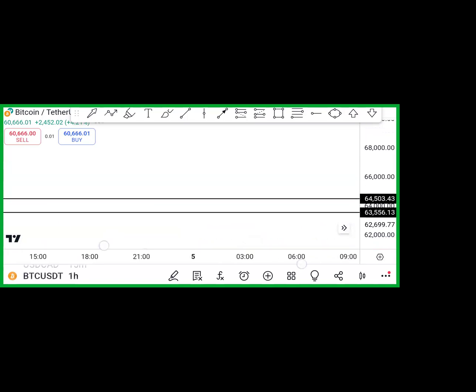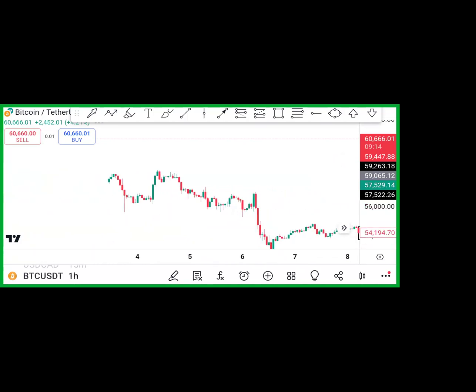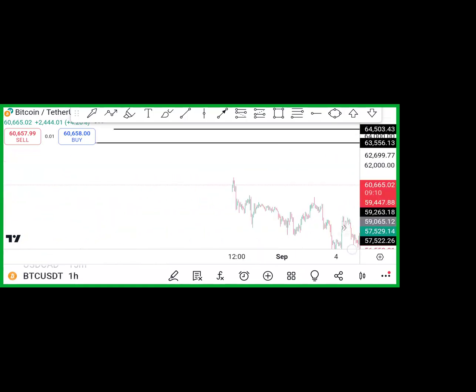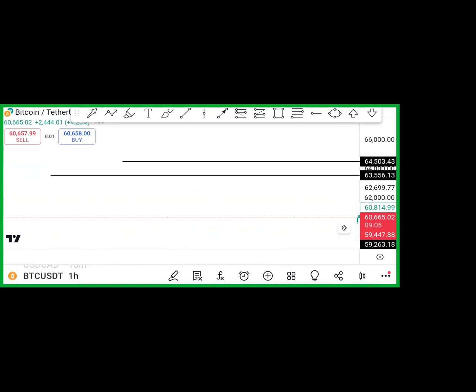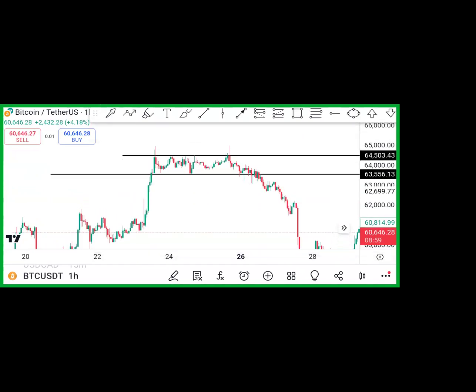Let's zoom into the price. All right, it's currently loading up.